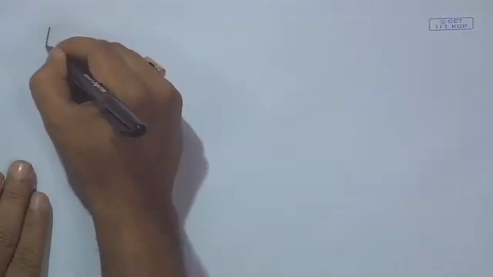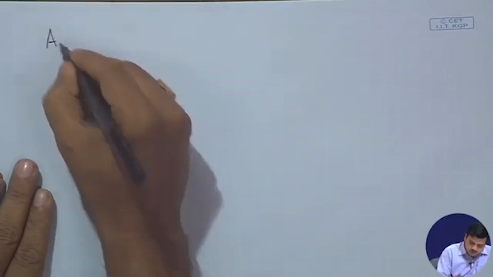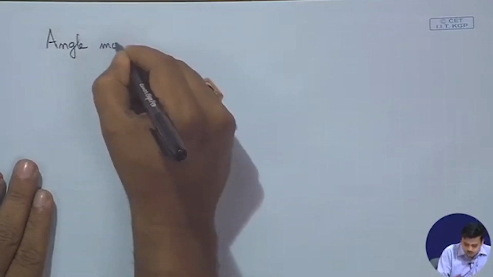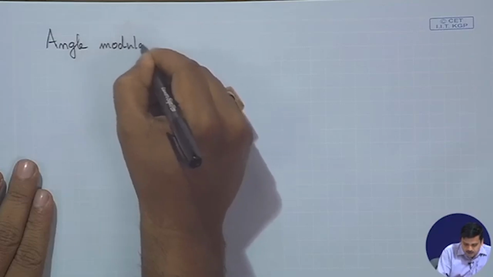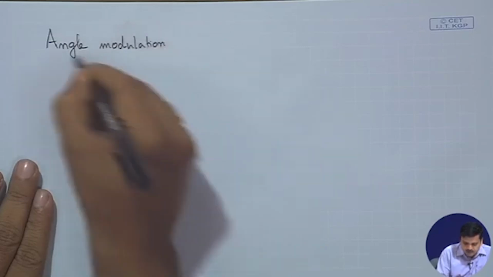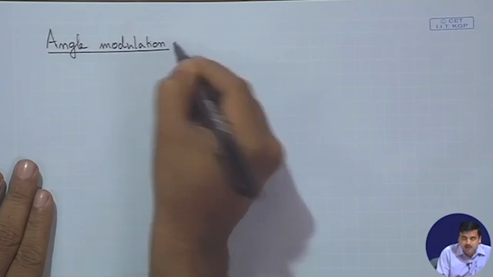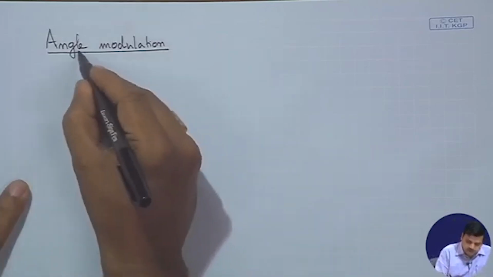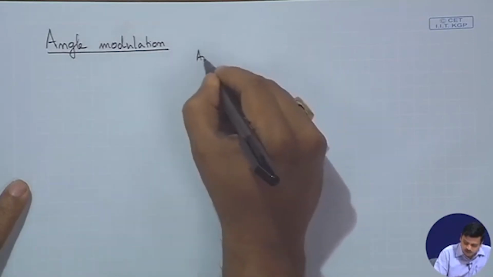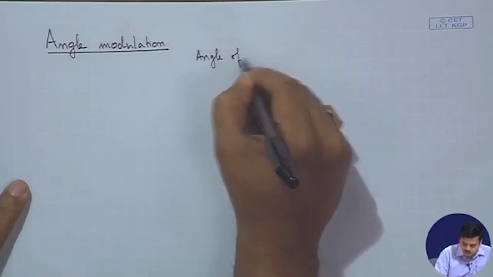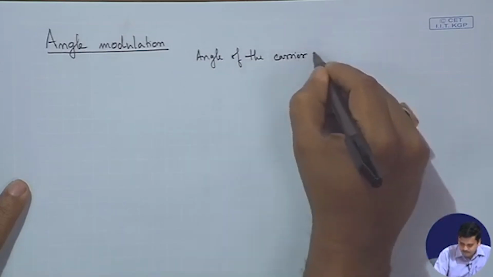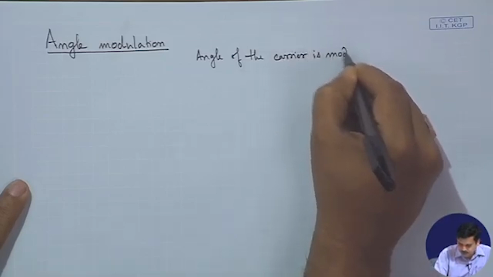So, if we look at angle modulation, just to revisit what you studied earlier, so that it reinforces our knowledge. In angle modulation, we know that the angle of the carrier is modulated. This you have studied earlier.